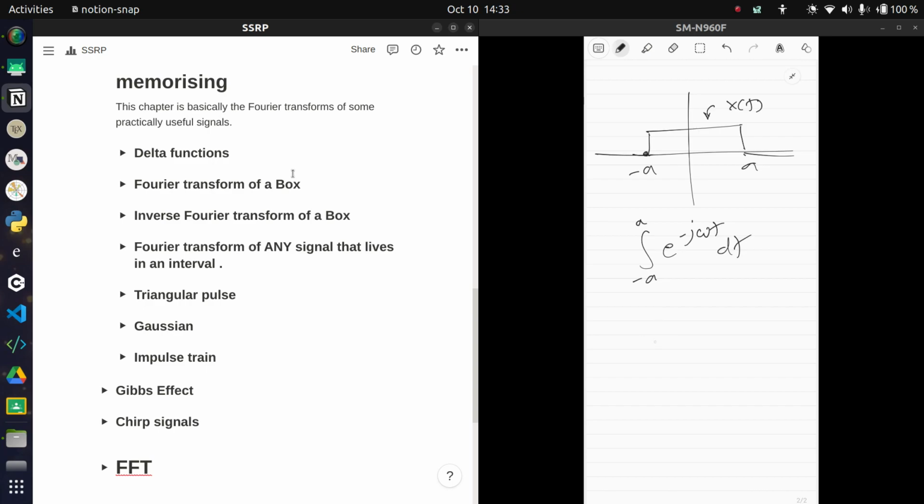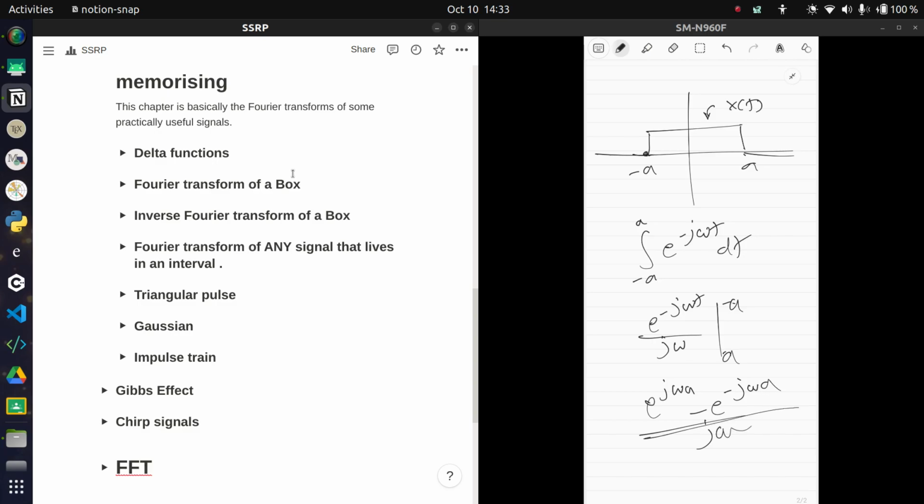What do you get? You just get 1 upon negative j omega, e power negative j omega t, from negative a to a. Actually, you know what, just put that negative j over there. Now it's going to be from a to negative a. So put in the limits, and you get e power j omega a minus e power negative j omega a, upon j omega.